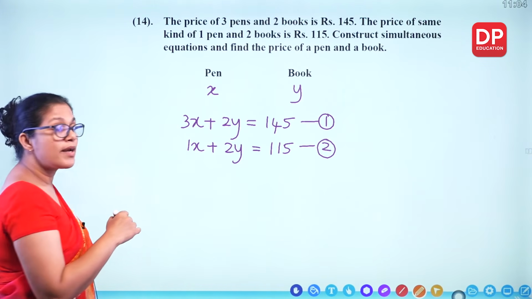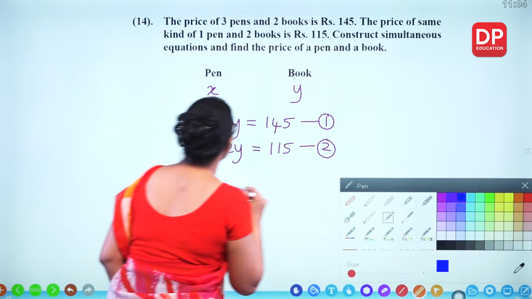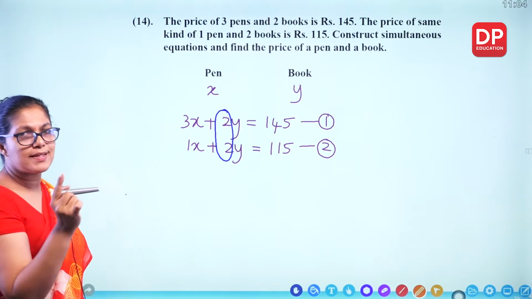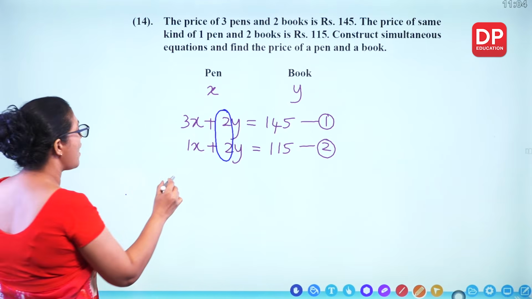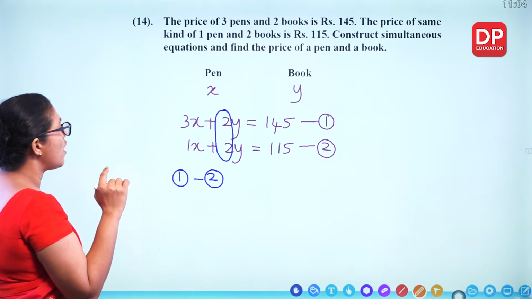Now which one is the same? The coefficients are the same. You can see this one is the same and both are pluses. Pluses means you subtract the 2 equations, 1 minus 2, to get rid of y.